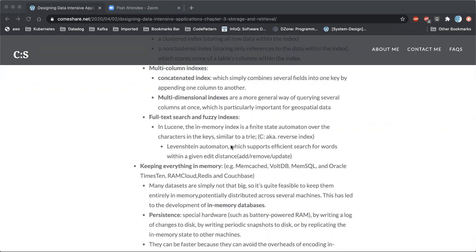I don't have a deep understanding of how these fuzzy indexes are made, but my understanding is that whatever the data structure is, it will help you search for those similar things in an easier way. Taking a simple example of a trie, you keep your data in such a way that all the keys with the same prefix you can easily search.